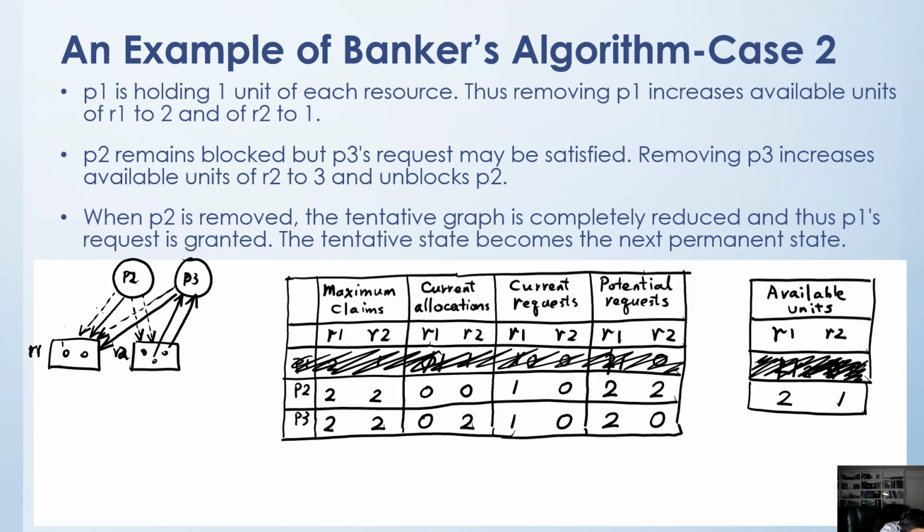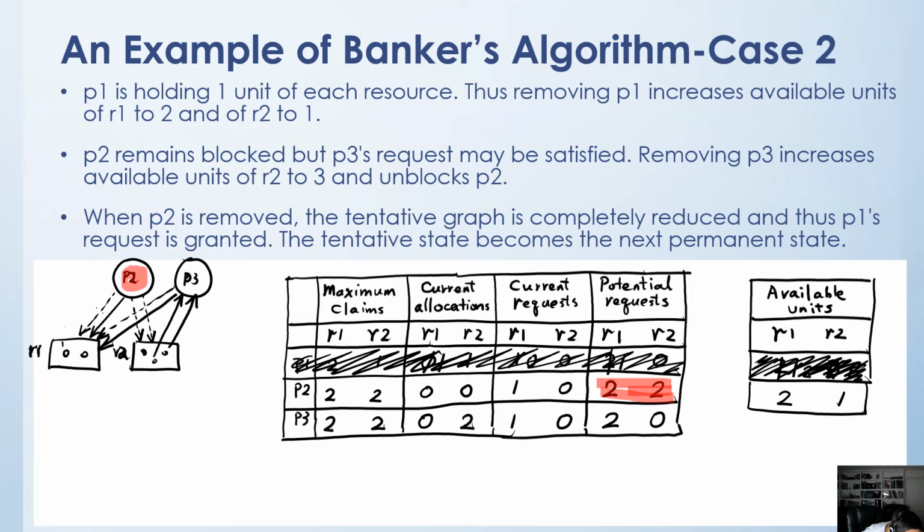So P2 can have a potential 2 requests for R1. That's okay. And 2 requests for R2. Now this is not going to be satisfied, right? So it looks like even with process 1 removed, we still cannot complete P2. So that means P2 is still going to be blocked.